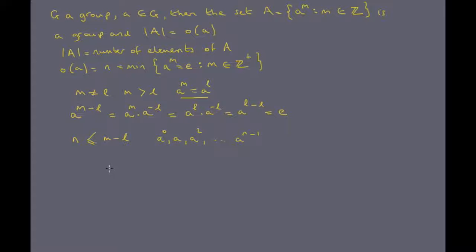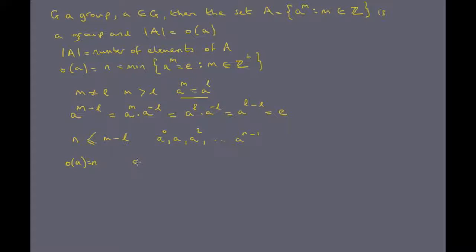So let's suppose that the order of a equals n, and let's suppose for the sake of contradiction that two of these elements, these powers of a, are equal. So we'll call the two powers m and l.